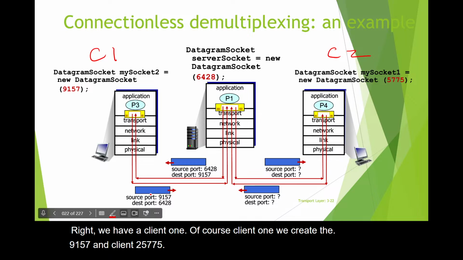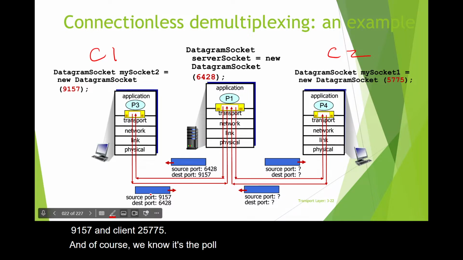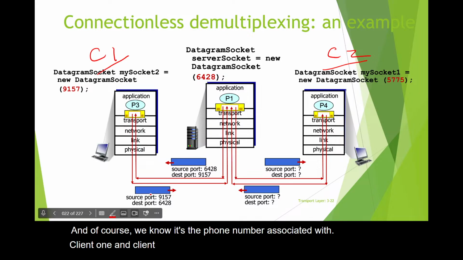And of course, we know it's the port number associated with client 1 and client 2. And of course, we have the source IP for each client, and send it to the destination.